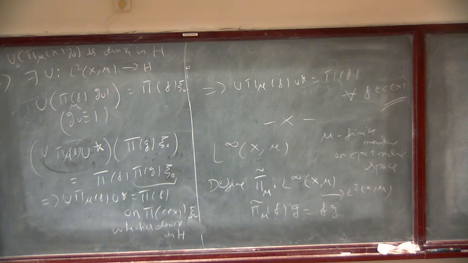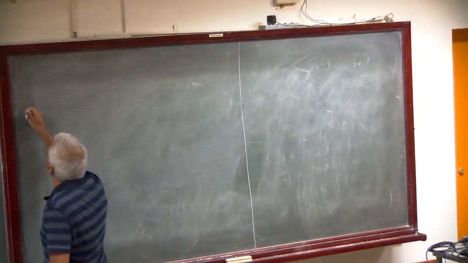We have the same argument which we used for C of x, which will show that this is a representation. There's no difference, the same argument.